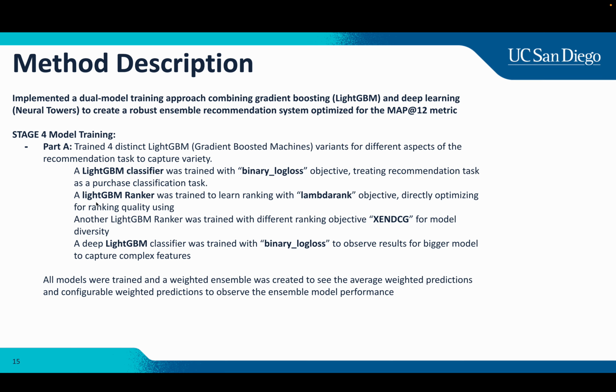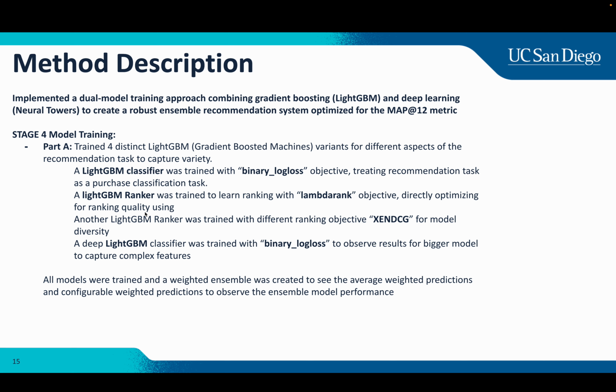And then the second variant was a LightGBM ranker, which was basically trained on a lambdarank objective, or a ranking objective. Lambdarank is kind of a loss function which helps us to optimize the ranking.